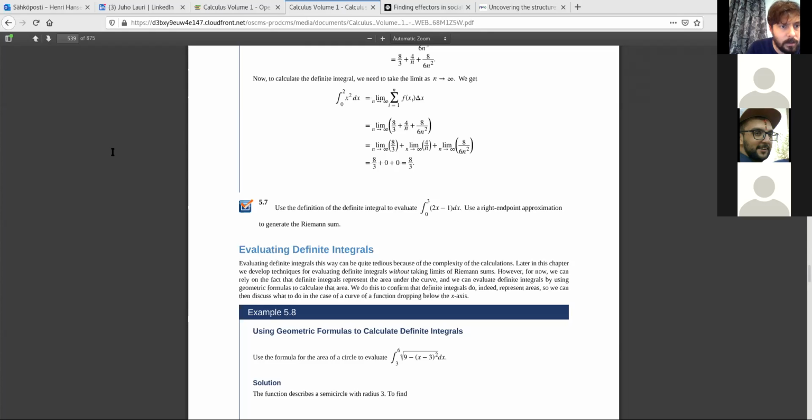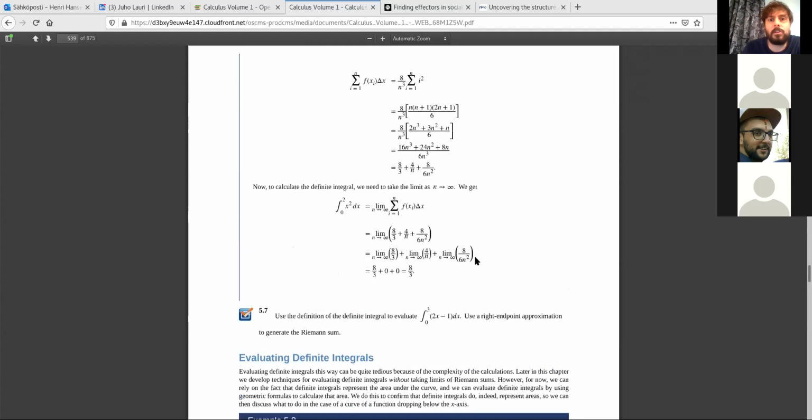Sorry, that should have been n squared, so that should be 1 over n squared. That's what we should have. And then we could just calculate that sum. I'm not going to go there because that's not yet something that we learned, but formulating this sum is the important part.